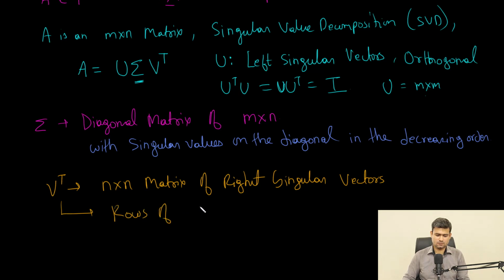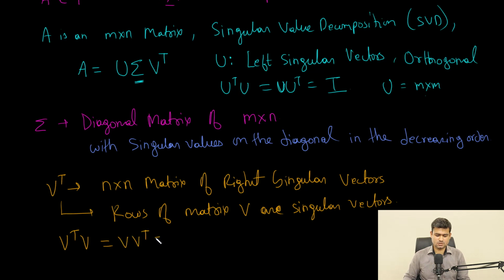V is also orthogonal, that is V transpose V is equal to identity matrix. So it's an orthogonal or orthonormal matrix.